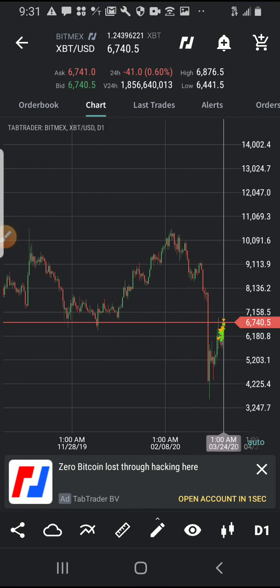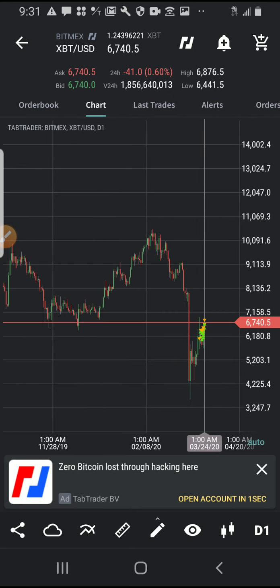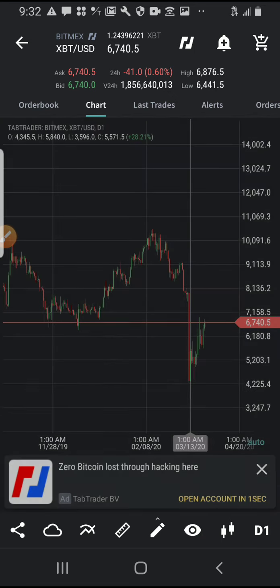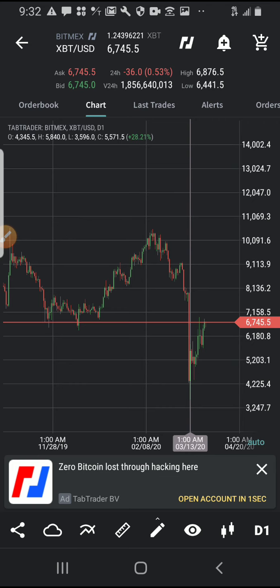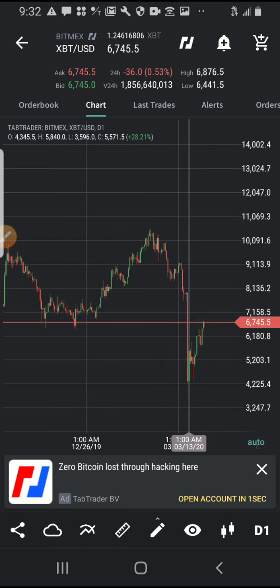This is called triple bottom, but I'm actually looking for a better chart pattern here. Okay, here we have one. It should not hide itself.